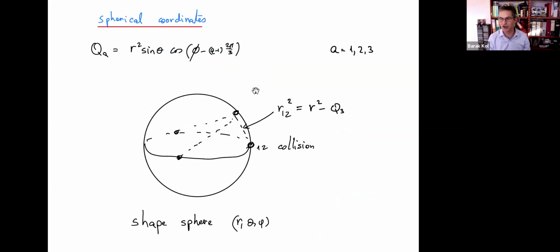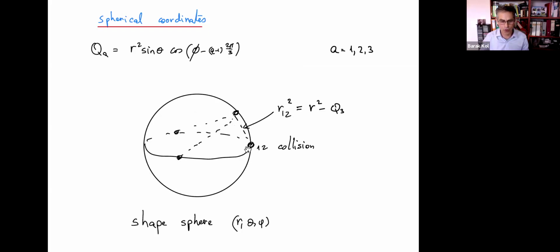Okay, so we look at the shape of a triangle or the geometry of a triangle as a point in a 3-dimensional space. First of all, the radial coordinate in this Q space corresponds to the size of the triangle. So this is easy. So let's now focus on the unit sphere in this space. That corresponds to the shape of the triangle. It's also known as the shape sphere.